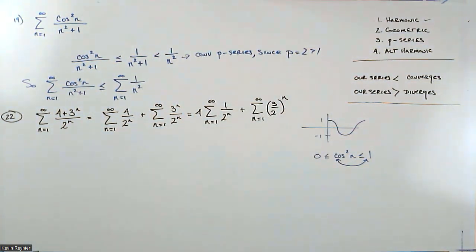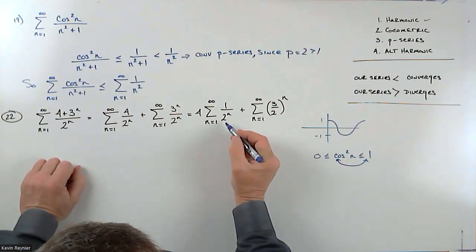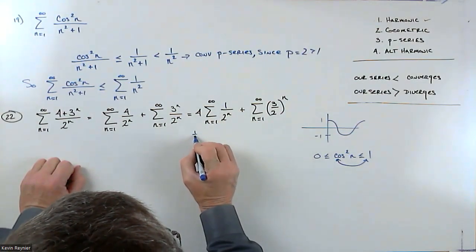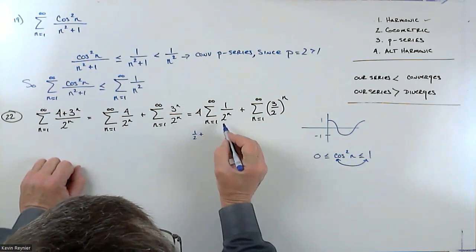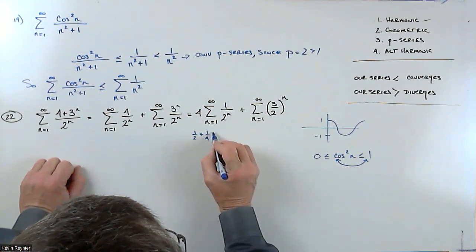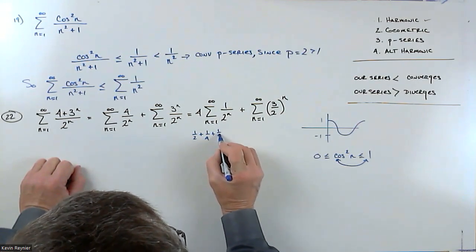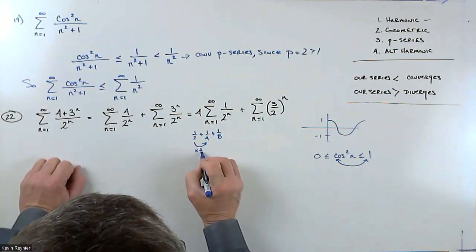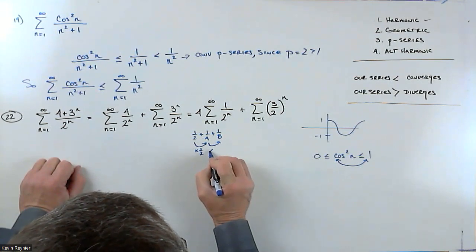Now, if we take a look at those two series, those are two series that are geometric. If we write down the first term here, right? If we just write down a few terms, n is 1, we get a half. N is 2, we get a fourth. N is 3, we get an eighth. This is geometric. We multiplied by a half.